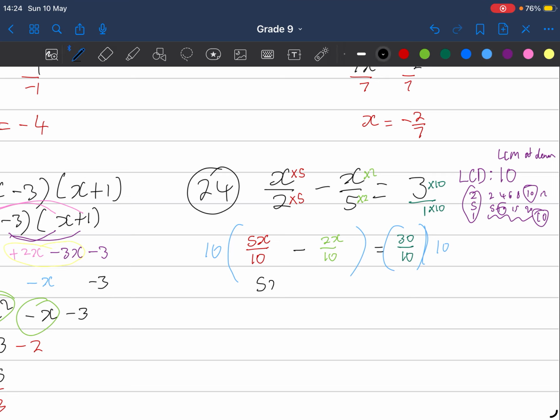So the equation 5x minus 2x is equal to 30. And then you can solve that. So 5x minus 2x is 3x, and that's equal to 30. And then we can divide both sides by 3, and then that's x equal to 10.